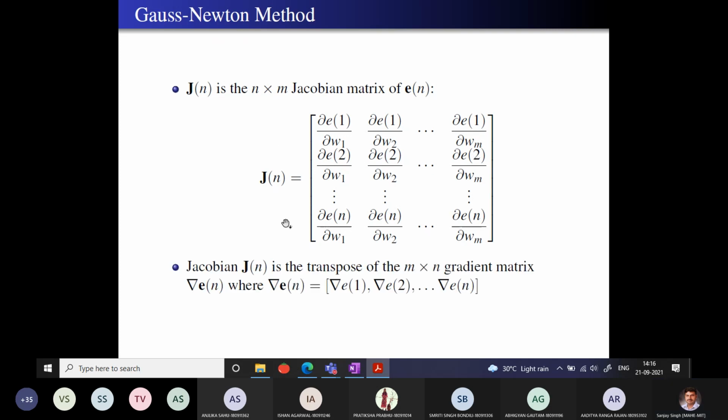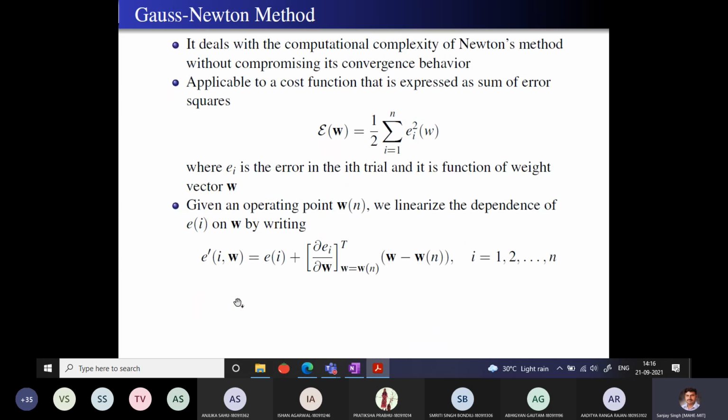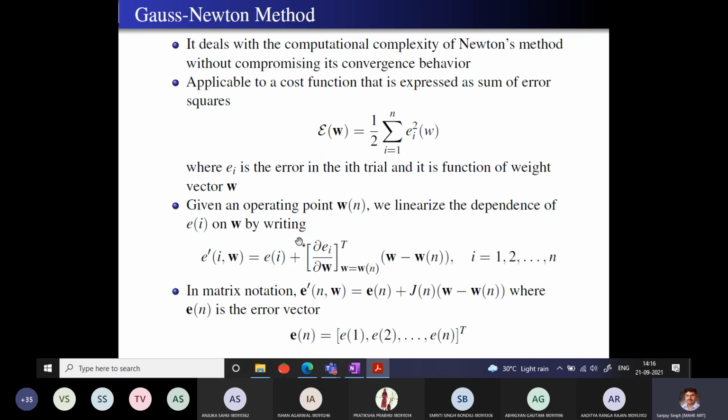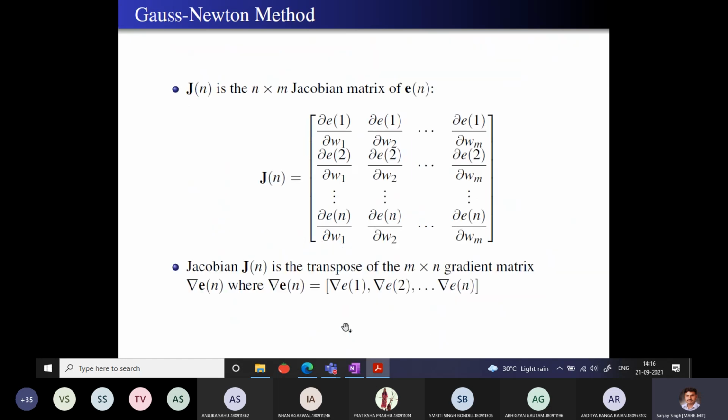And this is the entire thing. Now the Jacobian is basically the transpose of this gradient matrix. Whatever gradient matrix you calculate, if I ask you to find the Jacobian of this, I will take the transpose of that. And the nabla E, which we might have written here, we can use as nabla. We'll see that here.